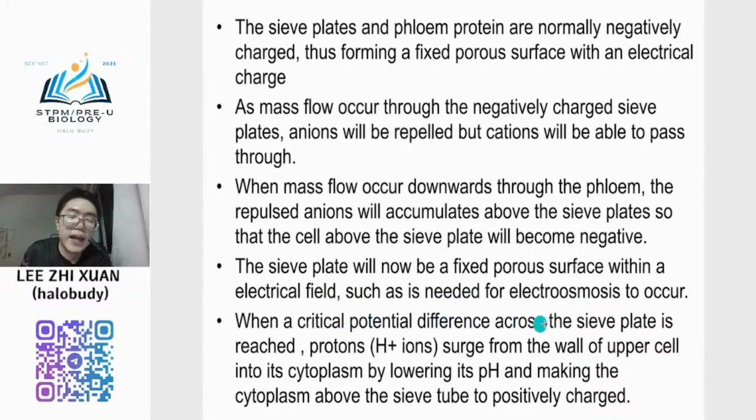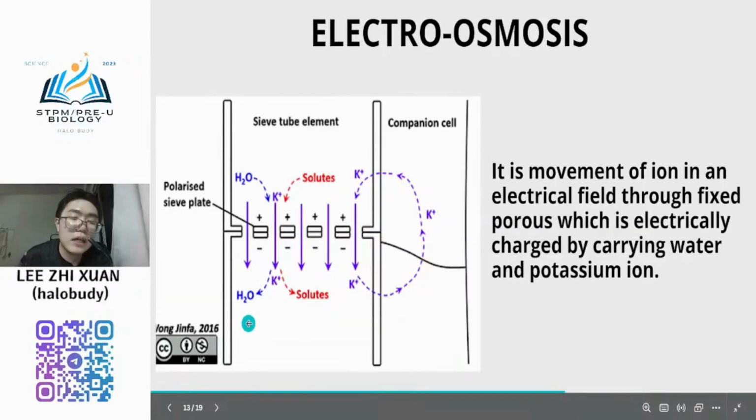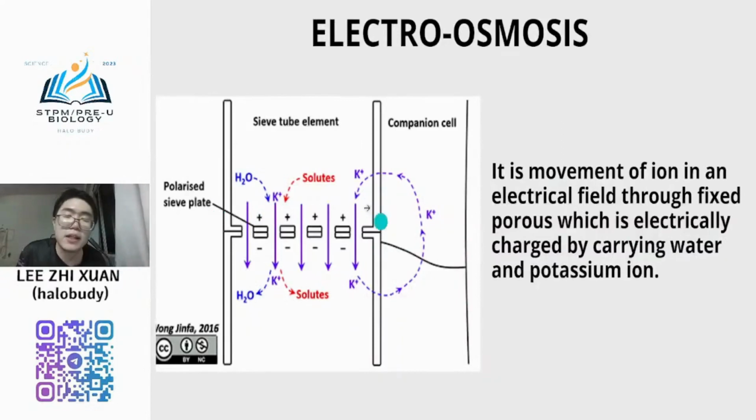So when mass flow occurs downward through the phloem, the anions will accumulate first at the sieve plate, so at the initial part, everything here is totally negatively charged.